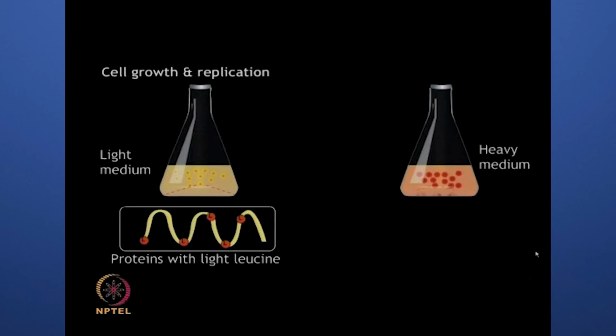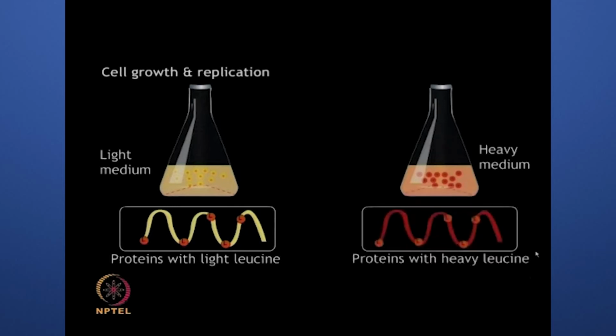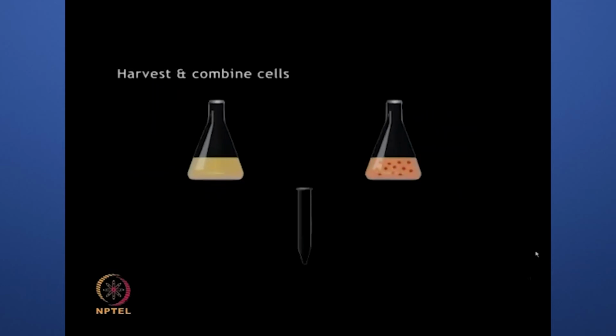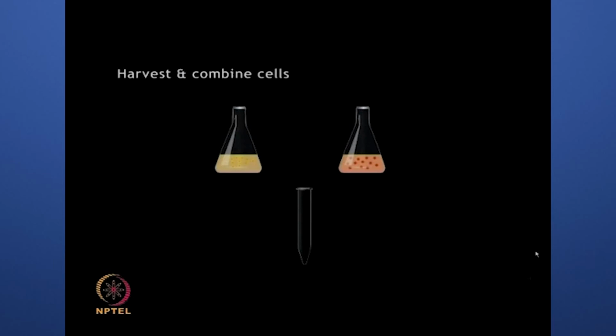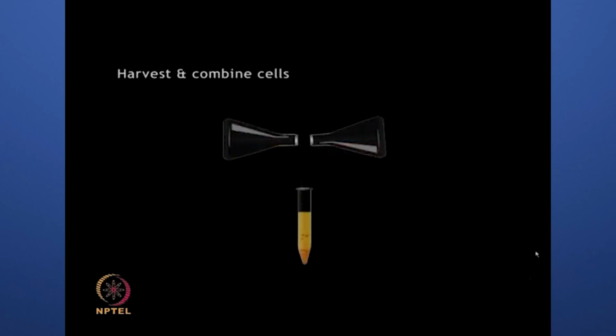The essential amino acids which are obtained from the cell culture medium are incorporated into the corresponding newly synthesized proteins during growth and replication.